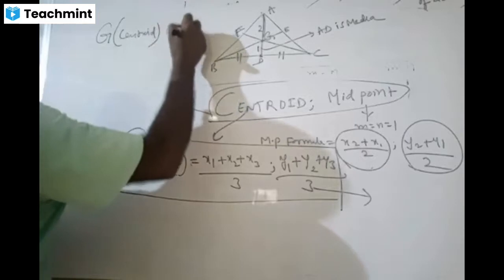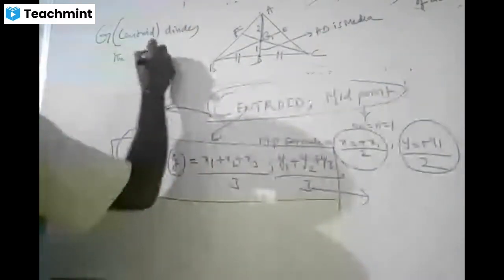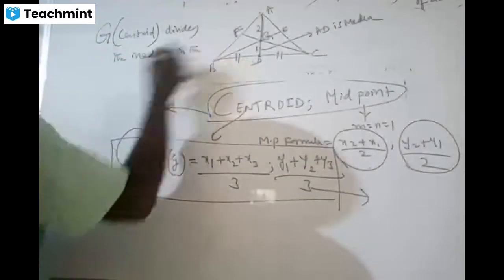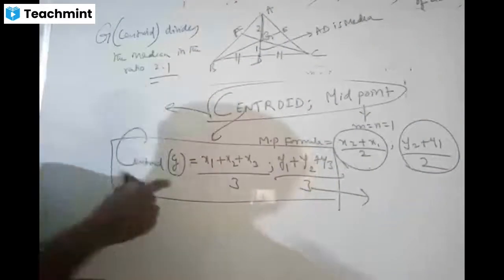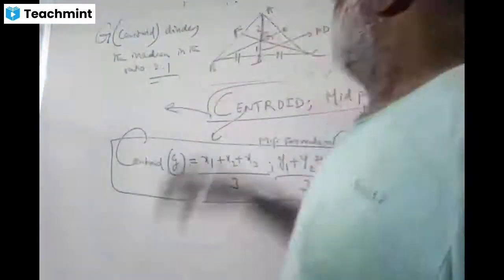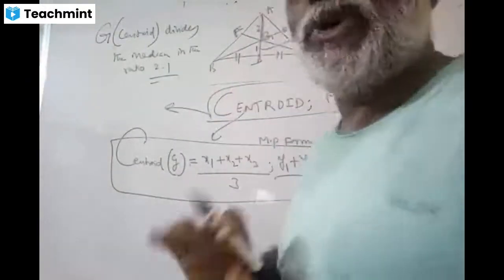Centroid divides the median in the ratio 2:1, starting from the vertex to the side. From the vertex it is two parts, from the side it is one part.